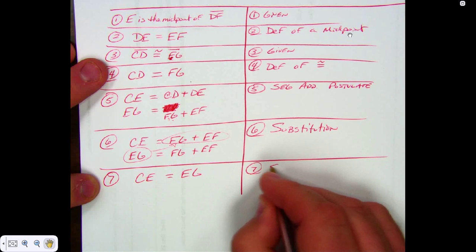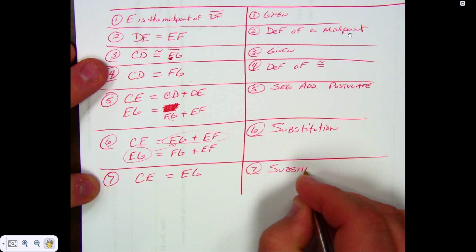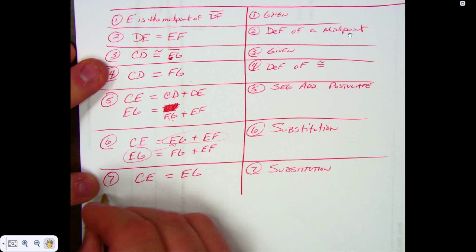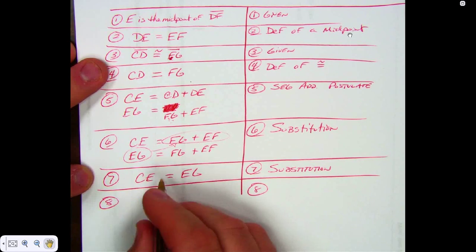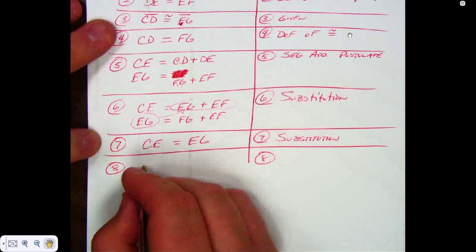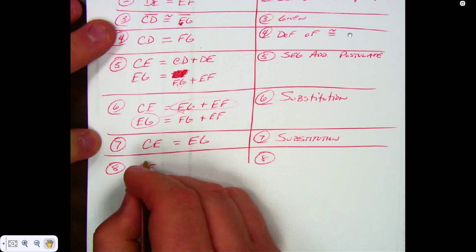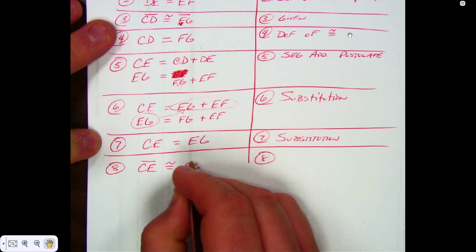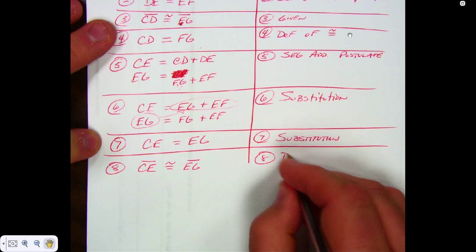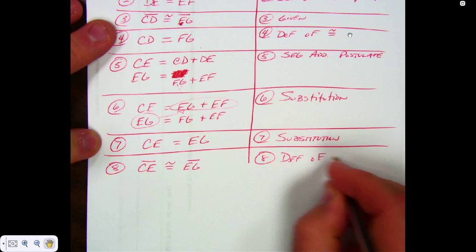Again, this is substitution. What's the only thing left to do? Change it back to congruency. They want me to go to congruency, don't they? So now I say, since I've said the lengths are equal, the two segments must be congruent. And that's the definition of congruency.